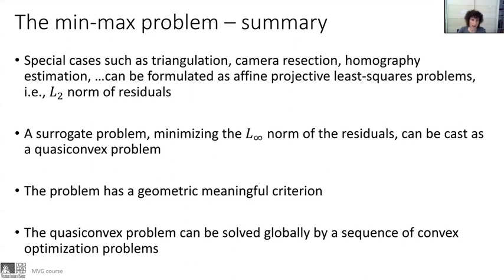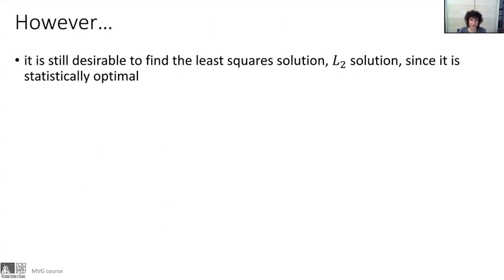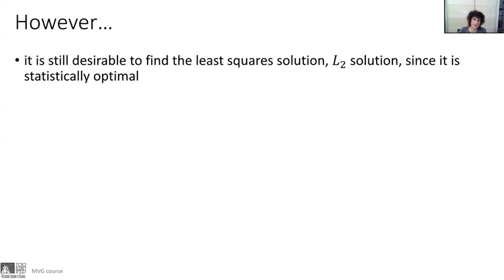Okay. Now, I would like to make a disclaimer to say the following. The problem with the L infinity direction is that somehow we lost the statistical meaning formulation that we had before, and this is the reason that we still would like very much to solve the least square solution, the L2, because it's statistically optimal, and L infinity is not statistically optimal.